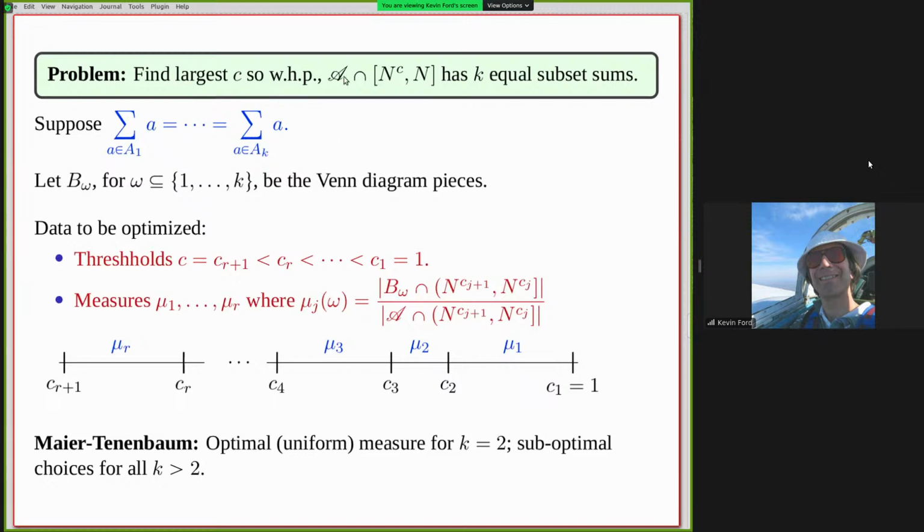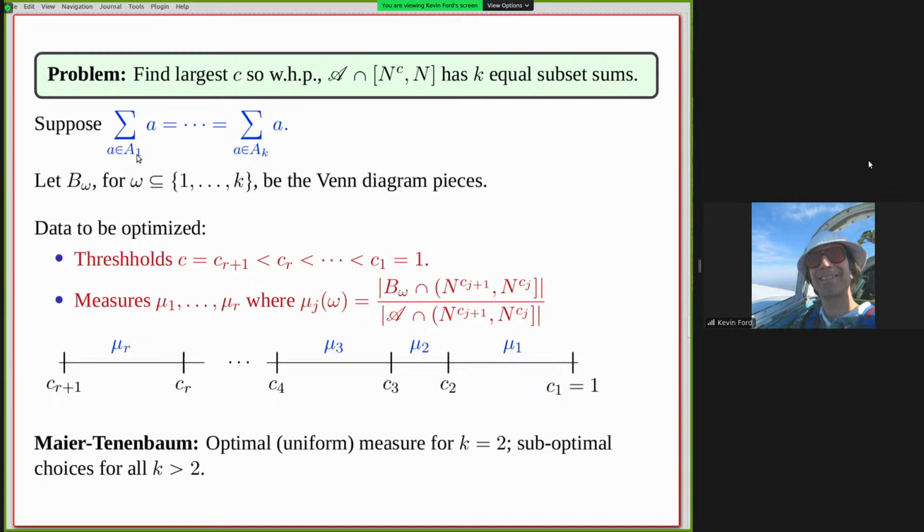So here again, in green, is the main problem we are dealing with. We want our random harmonically weighted set to have k equal subset sums with high probability and to maximize the C.